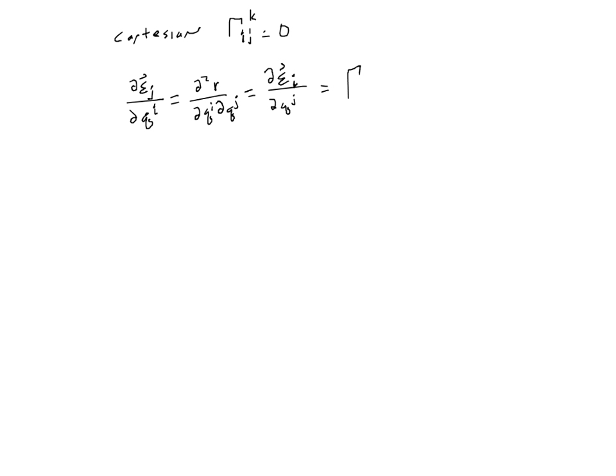And so you can see that either way you slice it, you're going to end up with something the same way. So those two are equivalent. And so therefore, the Christoffel symbol ij is equal to the same thing with a ji.